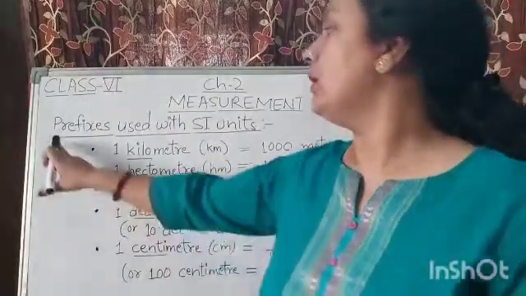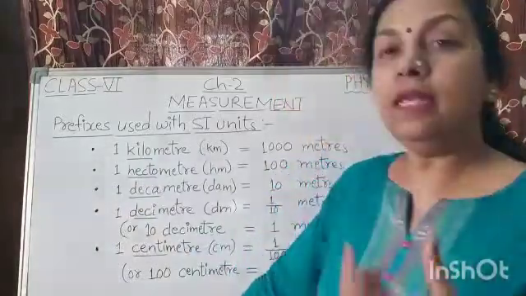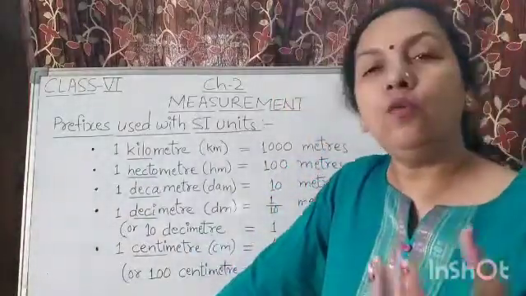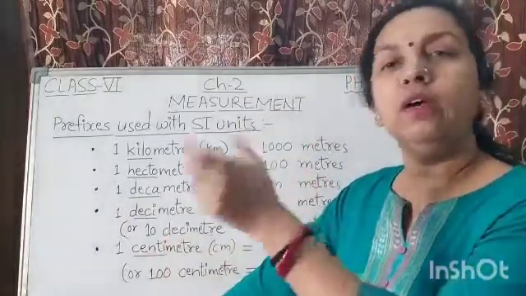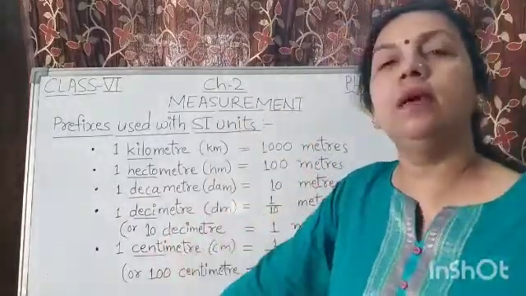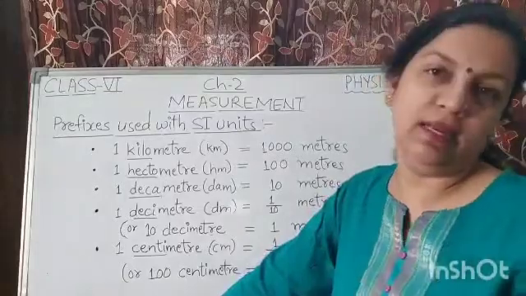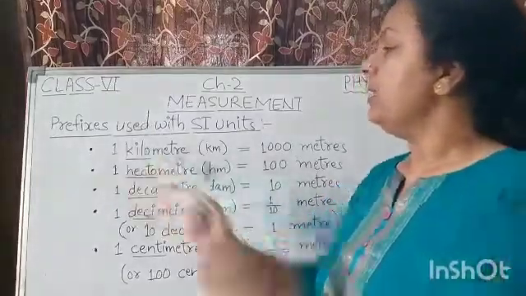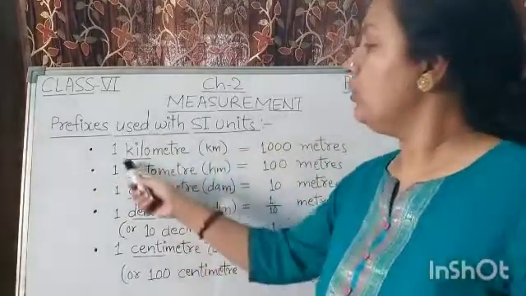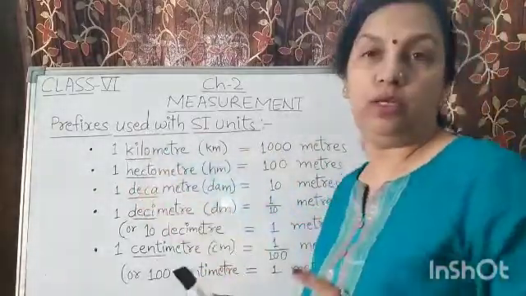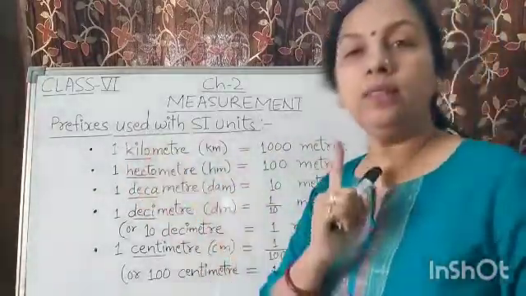Now, what are prefixes? A prefix is a kind of word which is used before the name of the unit to measure bigger or smaller lengths. For example, kilo. Kilo is a prefix. Kilo means 1000. Kilo denotes 1000.